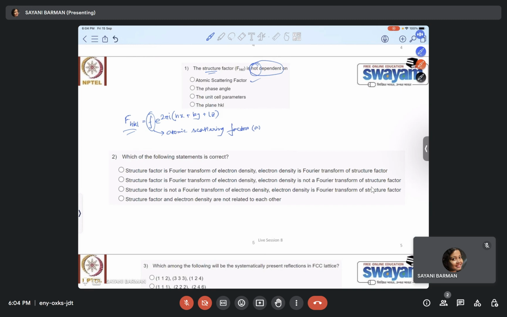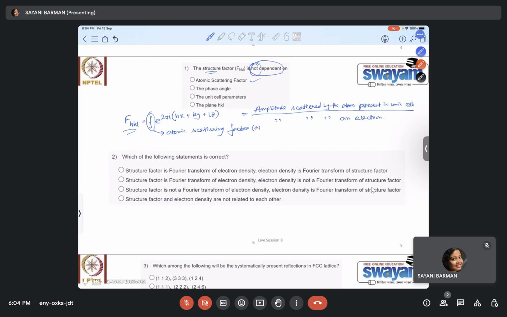Now we also write FHKL as the amplitude scattered by the atoms present in the unit cell divided by the amplitude scattered by one electron.